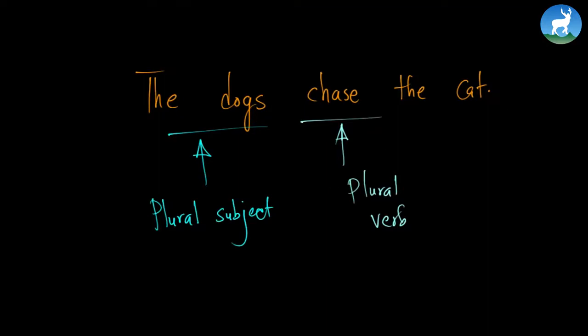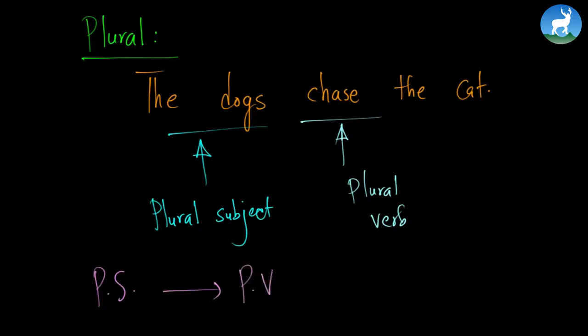Now what's the rule? The basic rule is plural subject, I'm writing PS for that, takes plural verb. Singular subject takes singular verb. Plural subject takes plural verb. That is the basic rule number 1 of subject-verb agreement.